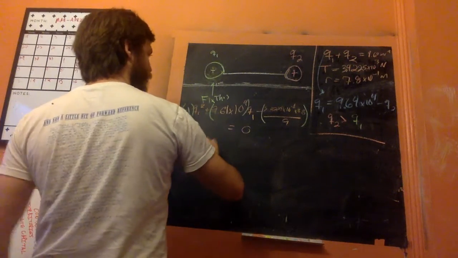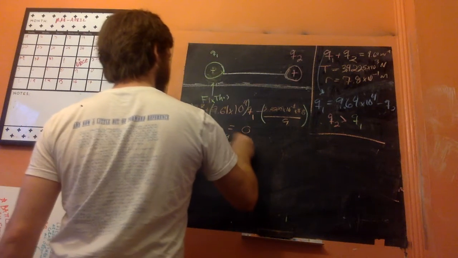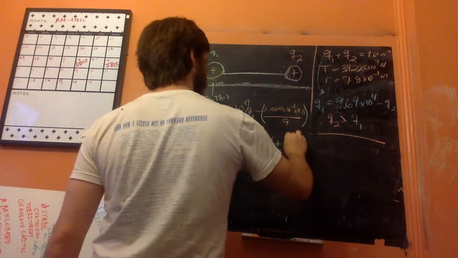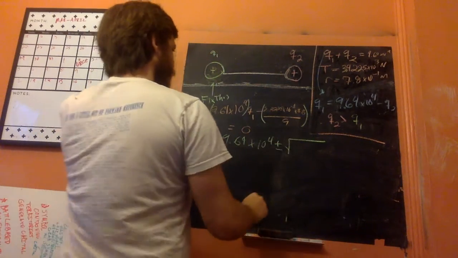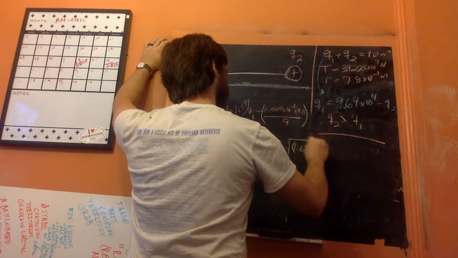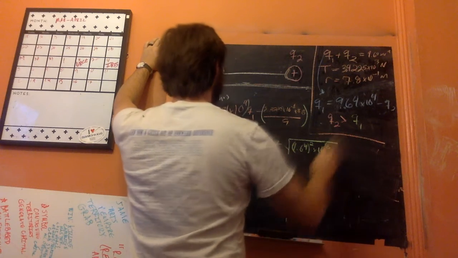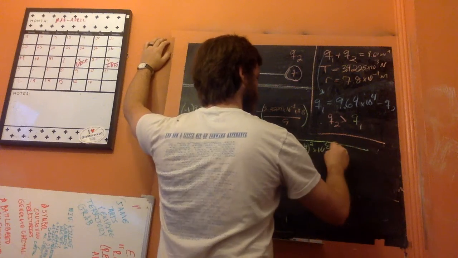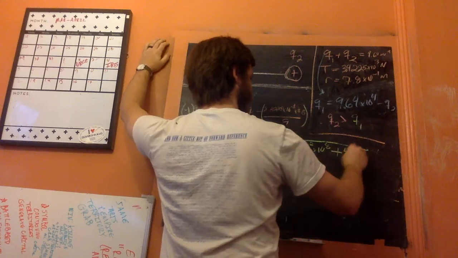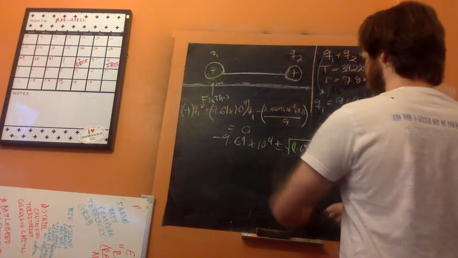Now, for the quadratic, we get negative b, so negative 9.64 times 10 to the 4th plus or minus the square root of b squared, which is 9.64 squared times 10 to the 8th. Minus 4 times negative 1, so plus 4, times this junk. So let's write that in a different color so we don't miss any terms.